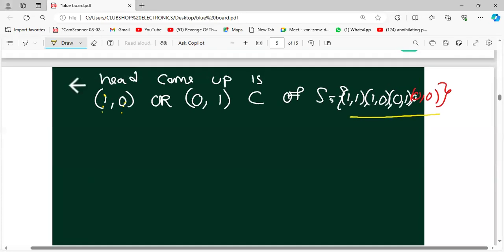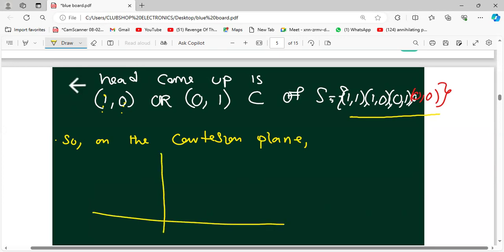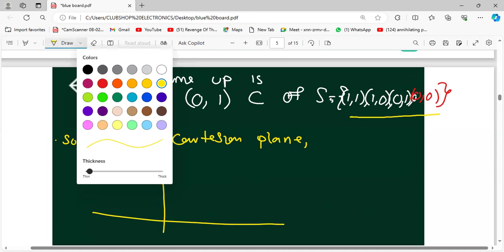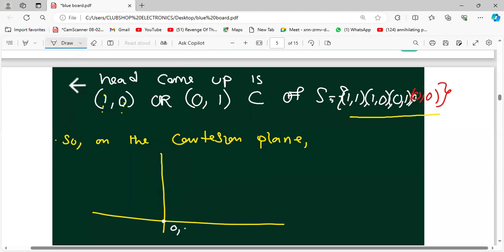So if we were to represent it again on the Cartesian plane, we have the following. Here we had 0, 0. Here we had 1, 0.